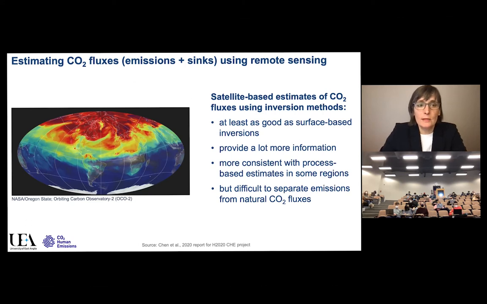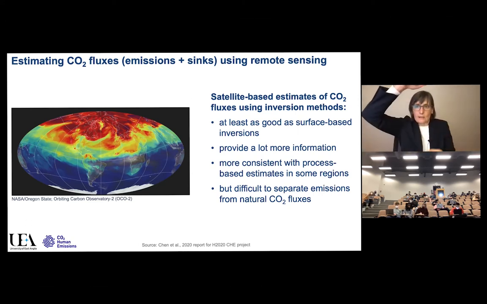And at the moment, the information on the CO2 fluxes, so what the satellite measures is the total CO2 that is in the air column. And so you have to go from there, that information about this massive CO2, to the information about the fluxes between the surface and the atmosphere.